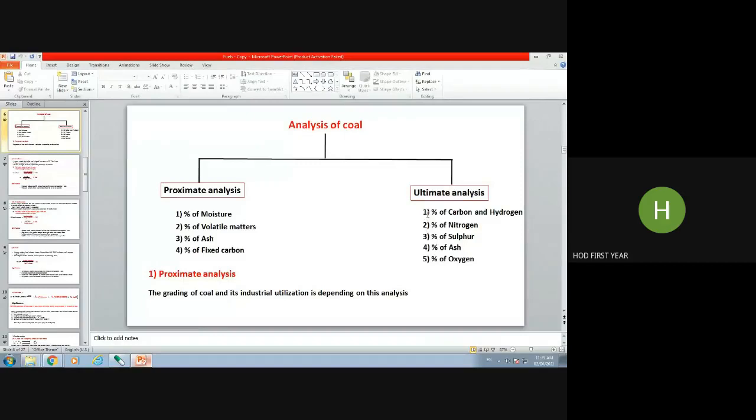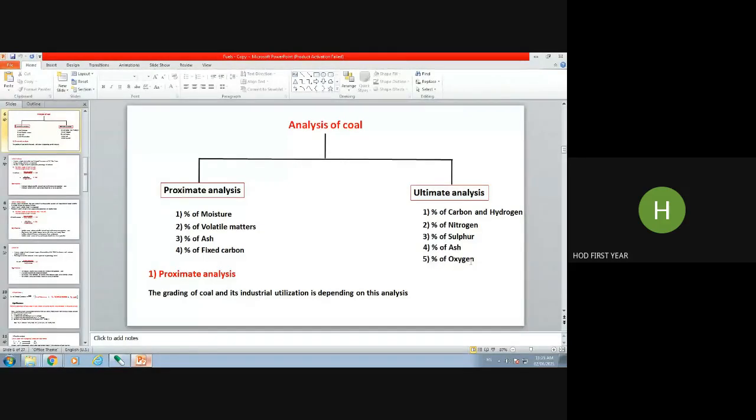So we will perform one, two, three, four. Four experiments need to be performed. Determine percentages of carbon, hydrogen, nitrogen, sulfur, and ash. So once we know these constituents, oxygen percentage can be determined by subtracting sum of the percentages of these five from 100.